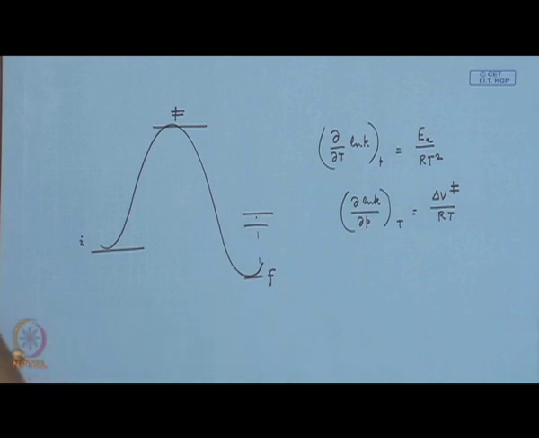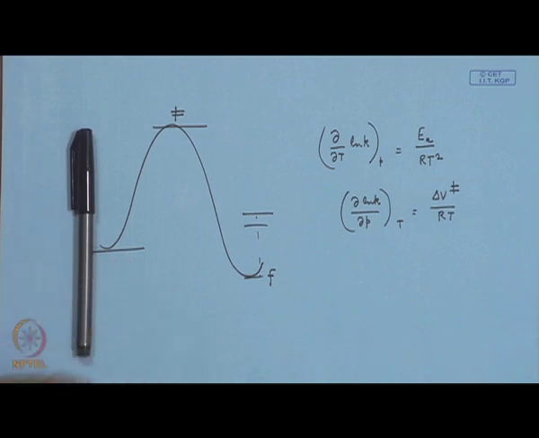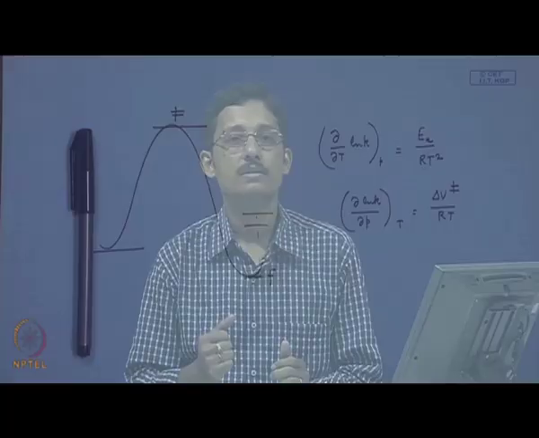So, what is happening here? When it is a case of associative mechanism, that means because of this activated state formation, 2 to 1, there is a loss in entropy. So, entropy of activation will be less, negative in negative sense.